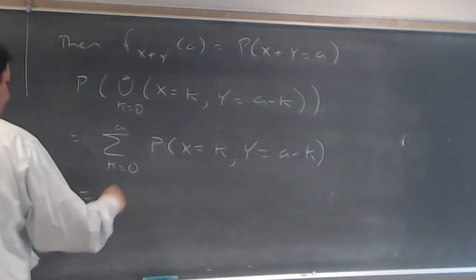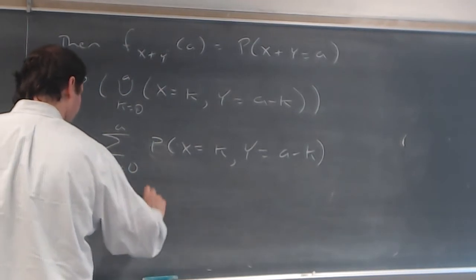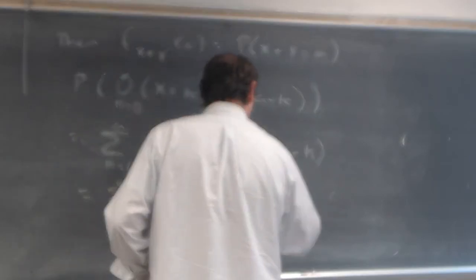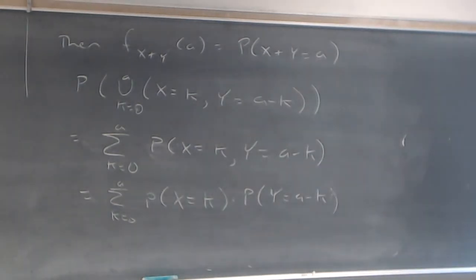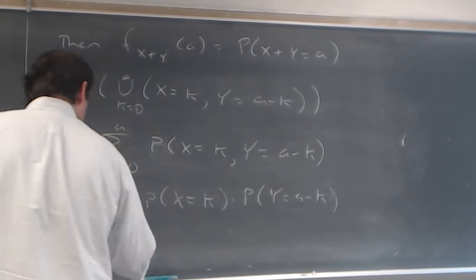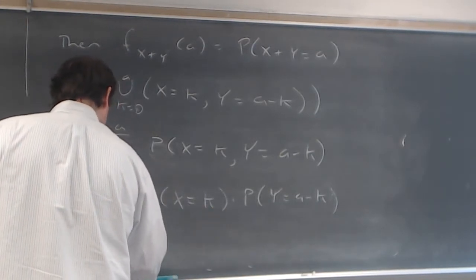Now we have independence between x and y, so that's equal to the sum as k runs from 0 to a of the probability that x is equal to k times the probability that y is equal to a minus k. And now, don't forget that we have Poisson variables, so these probabilities involve their PMF.